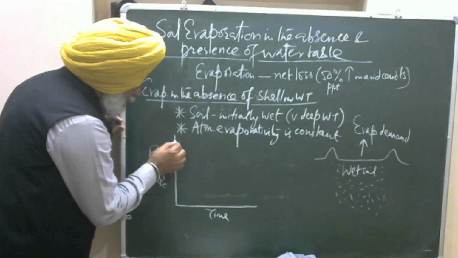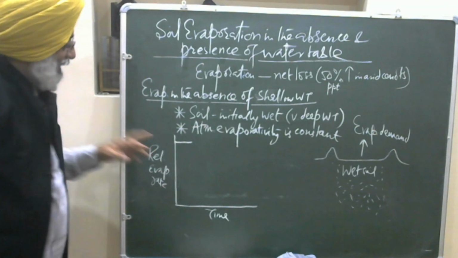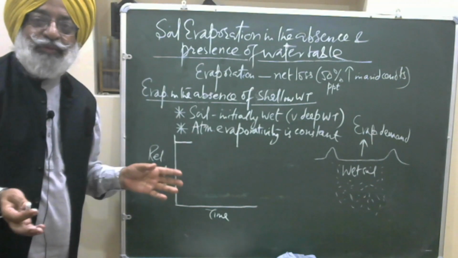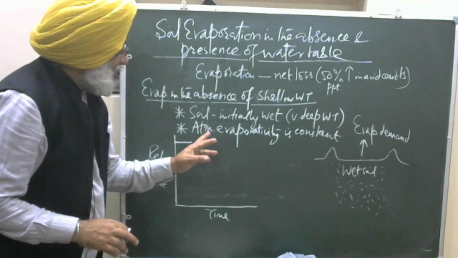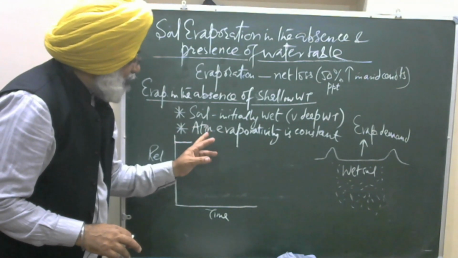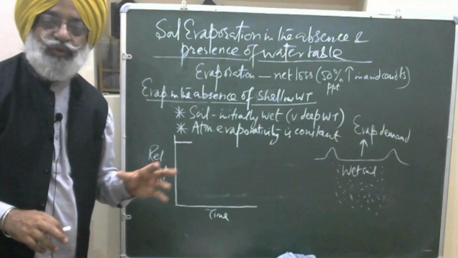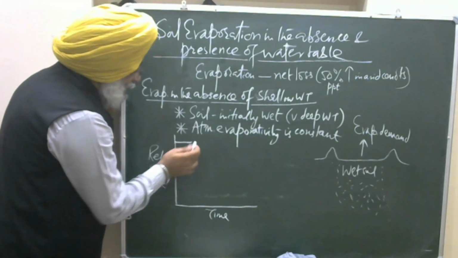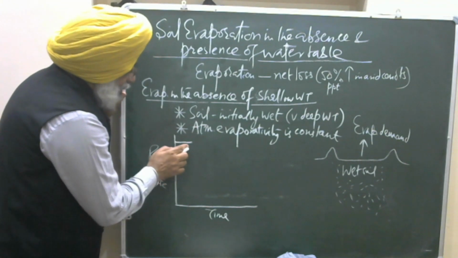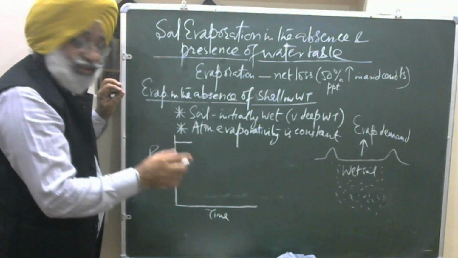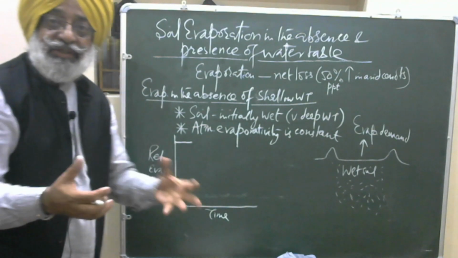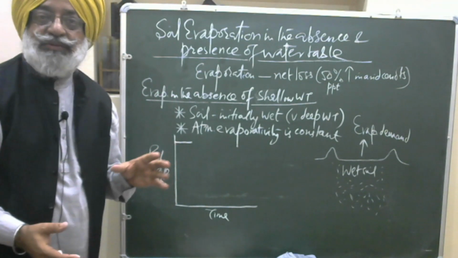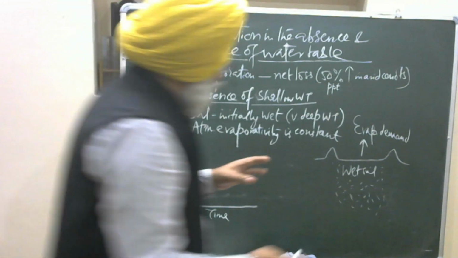Now relative evaporation rate, it could be the first stage. That means with time, and this time period may vary depending upon the atmospheric conditions. Now here we say that this evaporativity, or demand of the atmosphere for moisture, is constant in our study. So the relative evaporation rate will be constant, or in other words, whatever is the demand of the atmosphere, most of it is being met through the capillary rise of water.